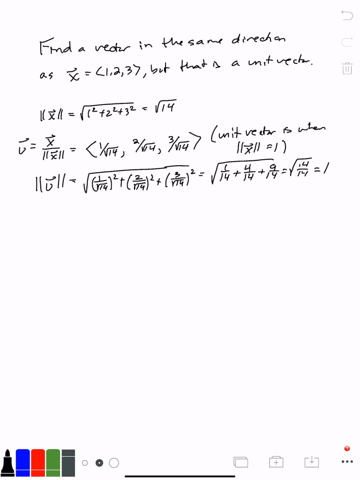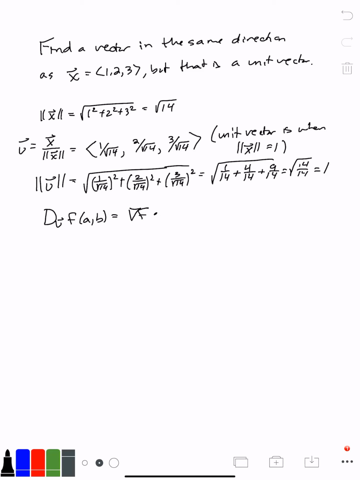And again, in calculus, we really liked things with length 1 because they allowed us to specify a direction without actually interfering with what was going on. You may recall when you were doing, say, integrals and so on, or directional derivatives. Remember directional derivatives?